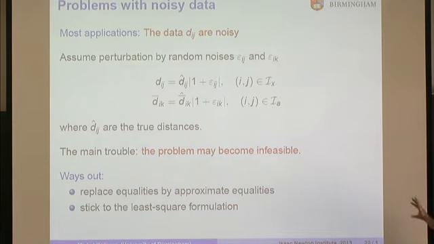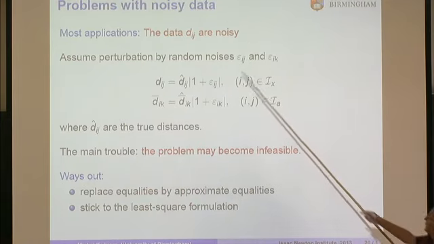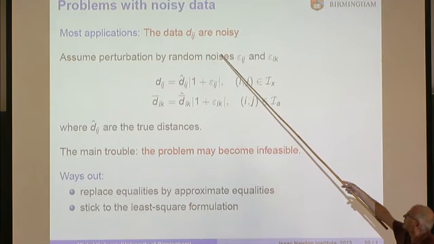Now, in the previous formulation, everything was well defined. We knew exactly the distances between some of the sensors, and so we know that the solution of that least squares problem is exactly 0, because I identified exactly the positions of the sensors. That means I will get exact distances. Now imagine that typically the data are noisy.